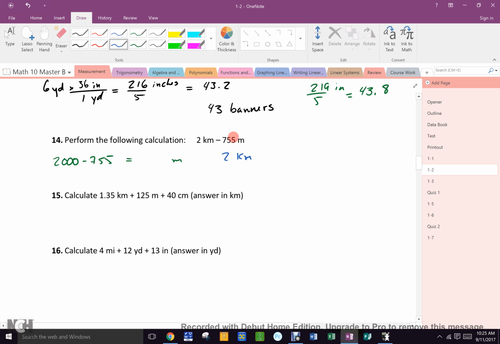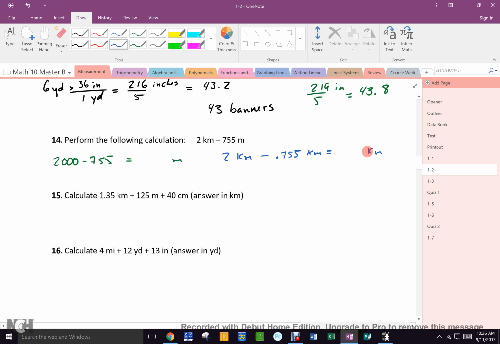How many steps of the decimal for 1,000? 10 is 1, 100 is 2, 1,000 is 3. So I have to do 3 steps, right? So it would be 2 kilometers minus 0.755 kilometers. And they're going to give me the same answer, but one is in meters and one is in kilometers. Is everybody with me?